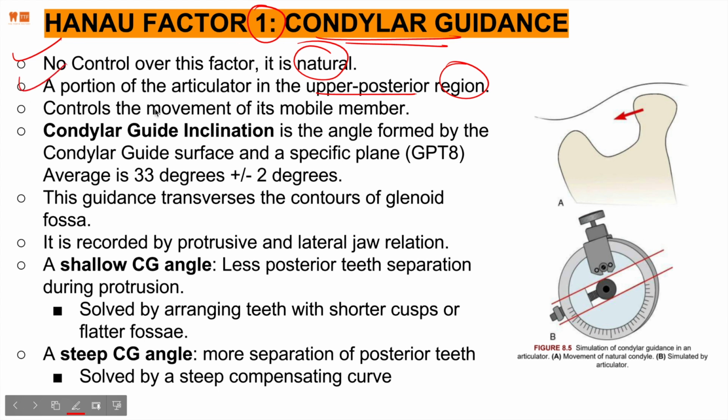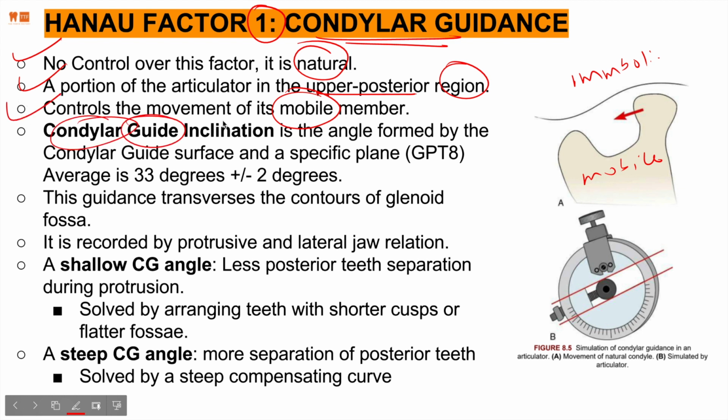The controls of the movements of its mobile member. By mobile, we mean mandible, right? Maxilla is immobile, where mandible is mobile. So in an articulator, specifically, the mobile member is your mandible.